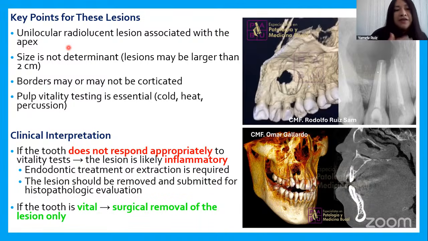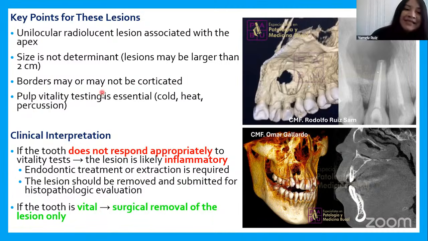However, as I said before, size is not determinant. Lesions may be larger than 2 centimeters, even periapical cysts and also radicular cysts. Borders may or may not be corticated, as I said before. That does not make a difference between periapical cyst or periapical granuloma. However, a very, very important point is the vitality of the pulp.